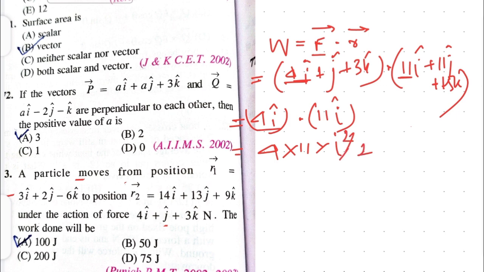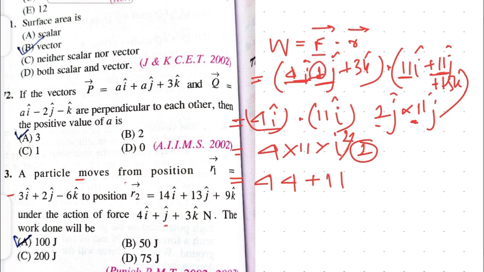I square value is 1, so you won't consider it. It's simply 44. Then j and 11j, so it is 1 into j into 11 into j, so 1 into 11, 11, it is plus between them, so plus, and j square is again 1, so we don't need to write 1. Simply k and k, 3 and 15, so it is 45.